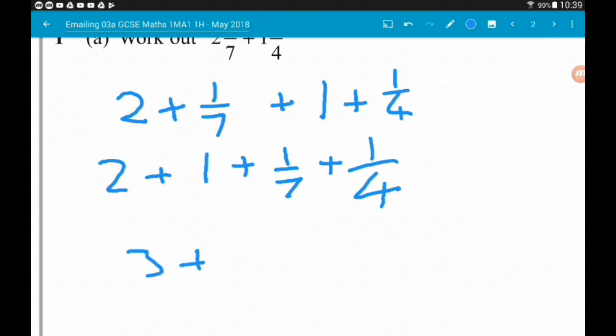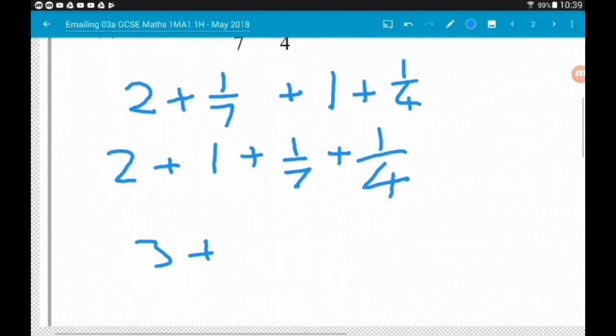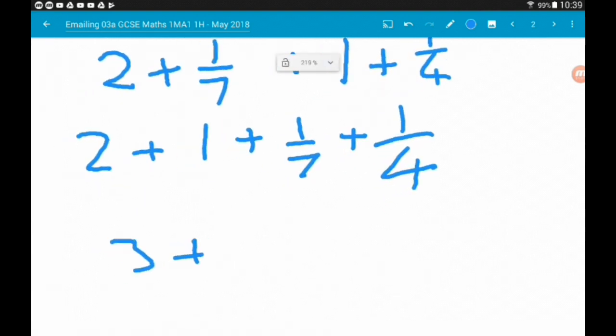Then to add these fractions, we'd want to go for common denominators. The first number that 7 and 4 both go into is 28. To turn 1/7 into 28ths, we multiply the top and bottom by 4, so we get 4/28.